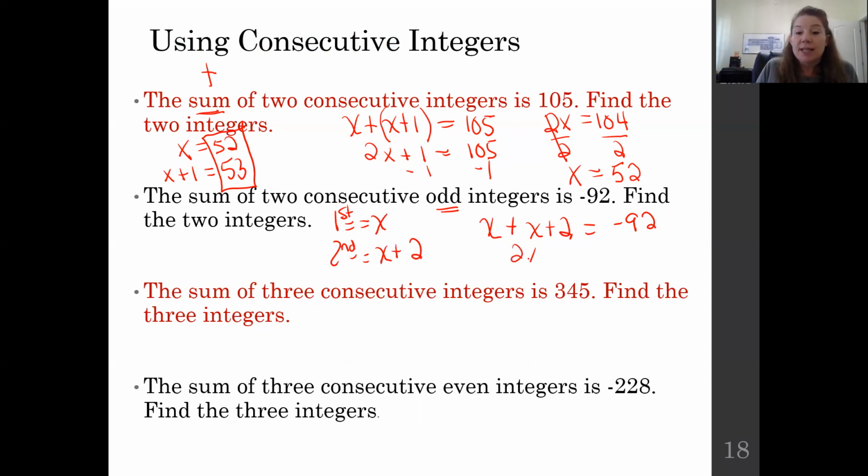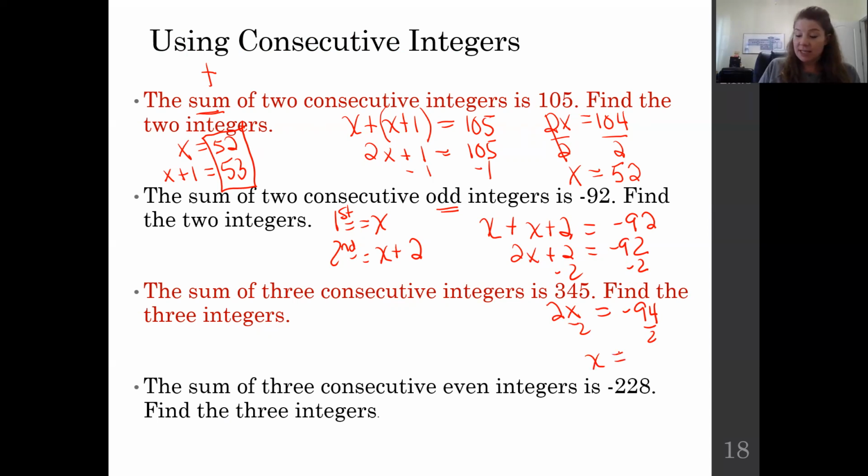X plus X is 2X. So now how do we get rid of plus 2? We subtract 2. So then our next line would be 2X is equal to negative 92 combined with negative 2, is negative 94. Then we divide both sides by 2.